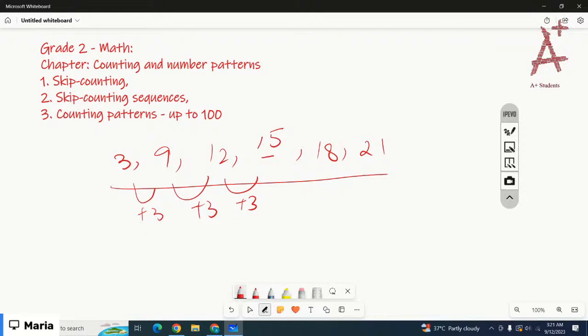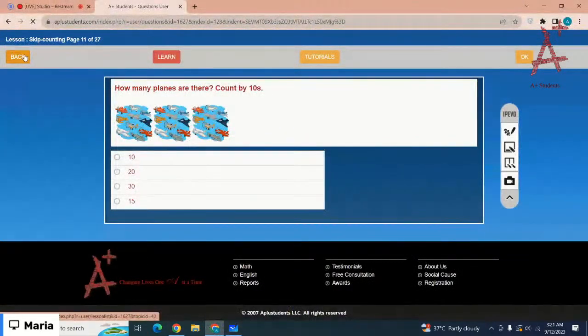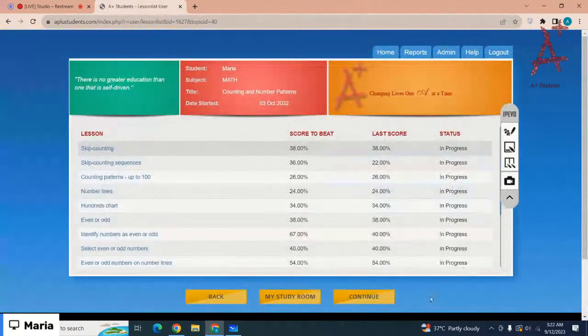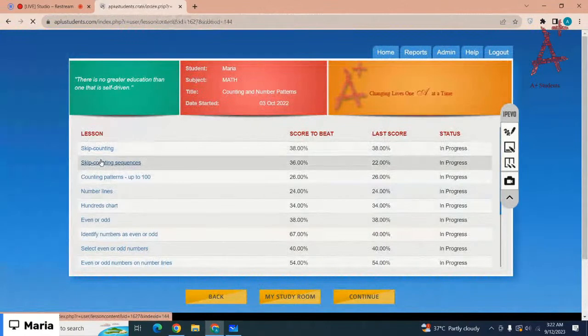Okay, let's just go to A plus and find the practice questions there. Skip counting sequences.